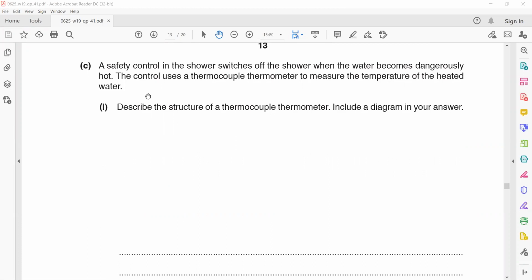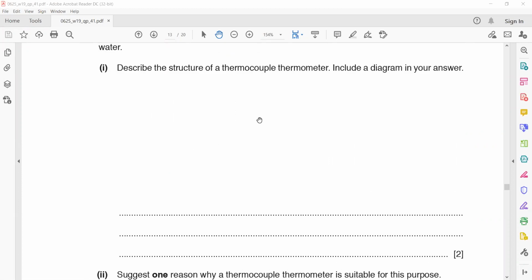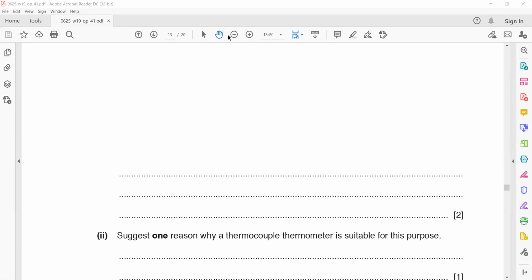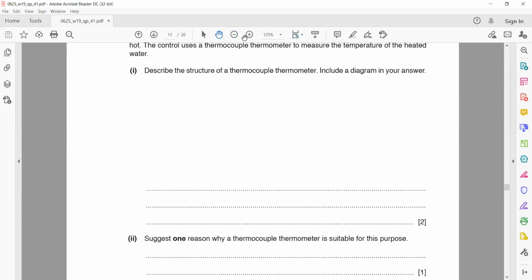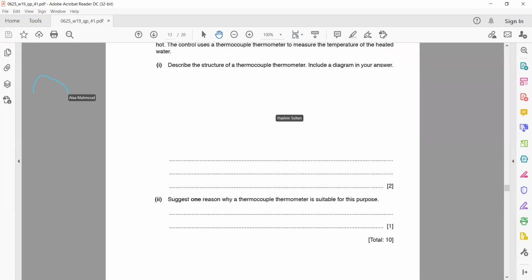You can use a screen annotation to draw. When you draw, it should be labeled: a millivoltmeter and two wires coming out from the voltmeter, made of the same material, and the wire connecting the two ends made of a different material.